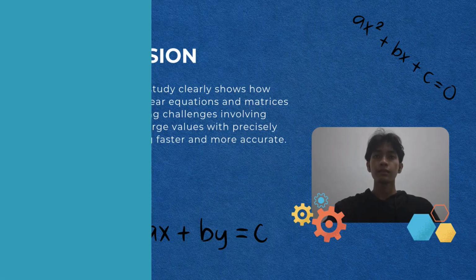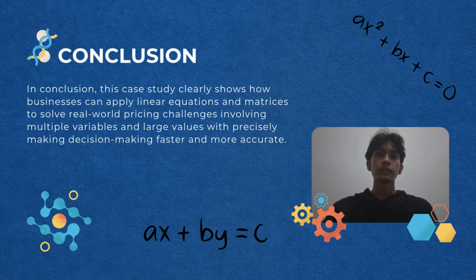In conclusion, this study successfully demonstrates how to solve a system of three linear equations using the inverse matrix method. We begin by translating a real-world scenario into mathematical equations, structure it into matrix form, and apply the Gauss-Jordan method to compute the inverse manually. By multiplying the inverse with the constant matrix, we were able to find the individual cost of each advertising service.